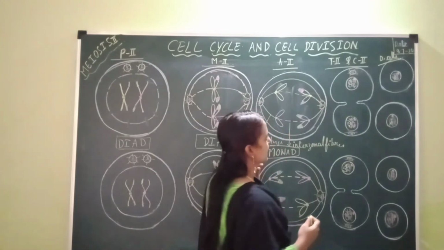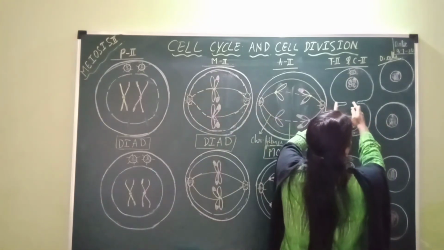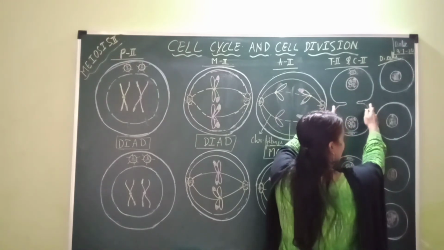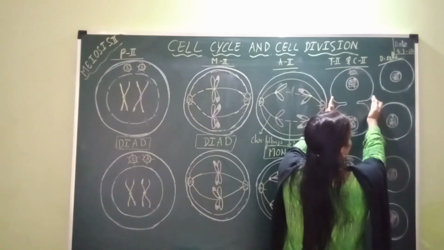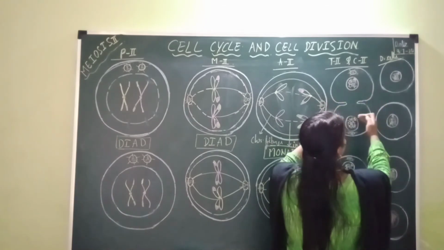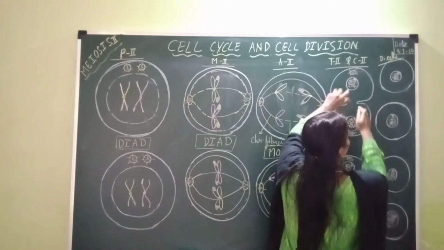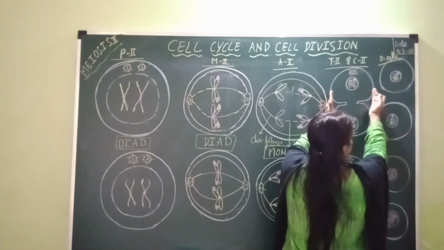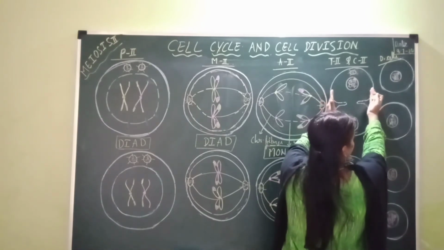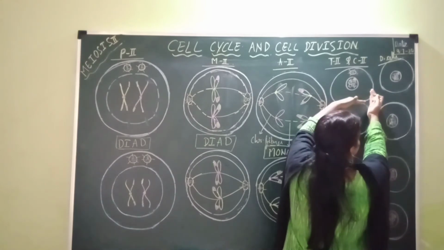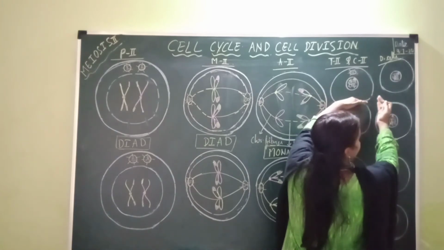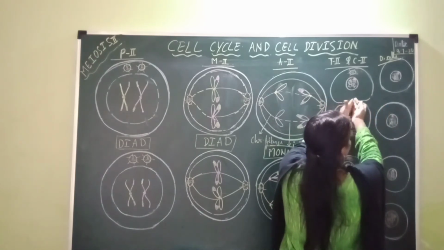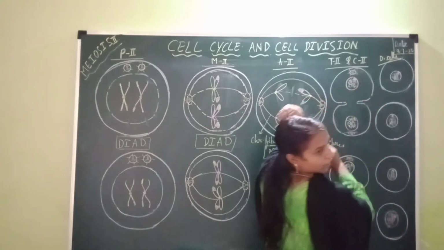In animal cells, the furrow is formed in the plasma membrane at the periphery of the cell, at the equator, not at the center. And this furrow deepens into the cell, dividing the cell into two daughter cells.